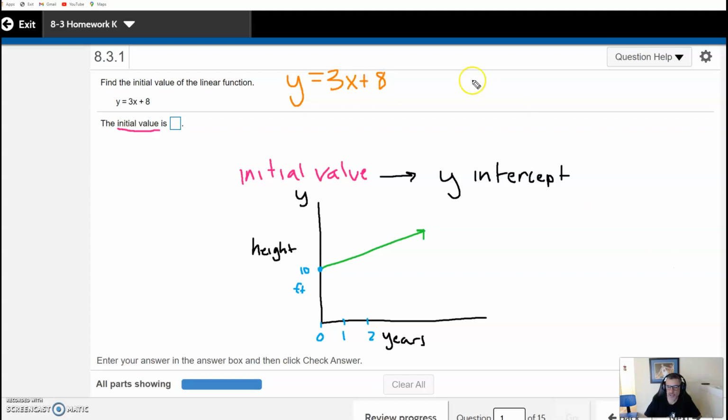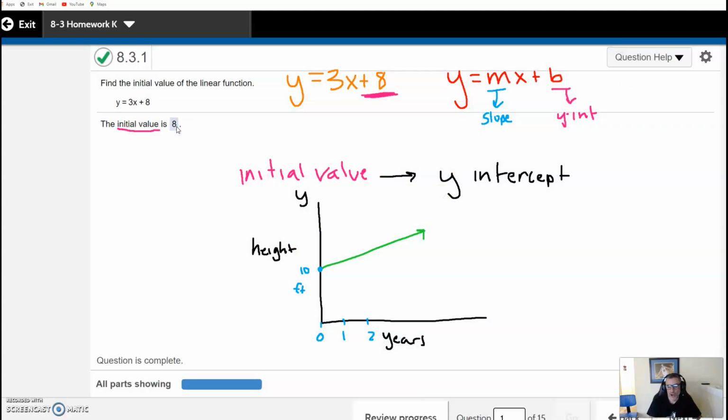I know it's been a while since we've been away for winter break, but all linear functions can be written in the form y equals mx plus b, where m is our slope and b is the y-intercept. Well, remember that y-intercept is just a synonym for initial value. So I look at my equation here. There's my y-intercept, 8. So my initial value is 8.